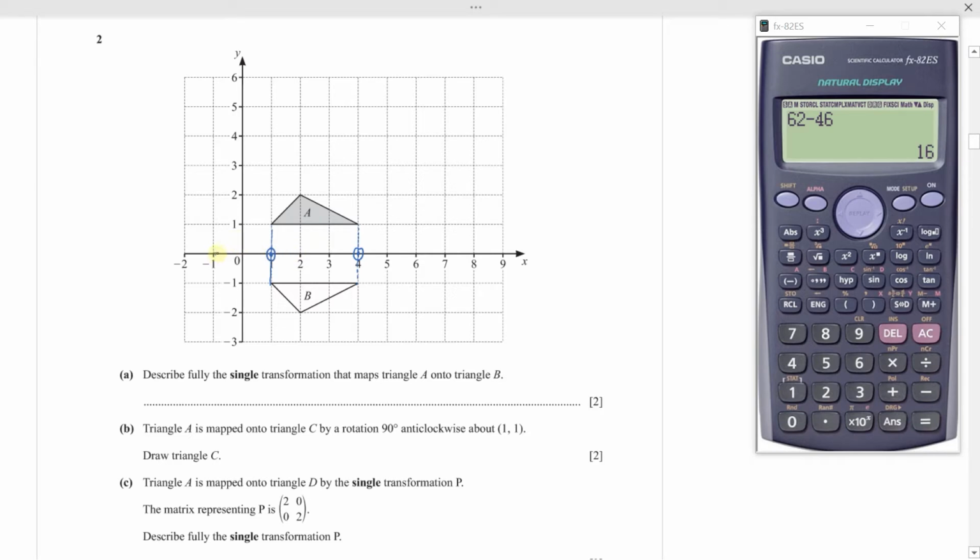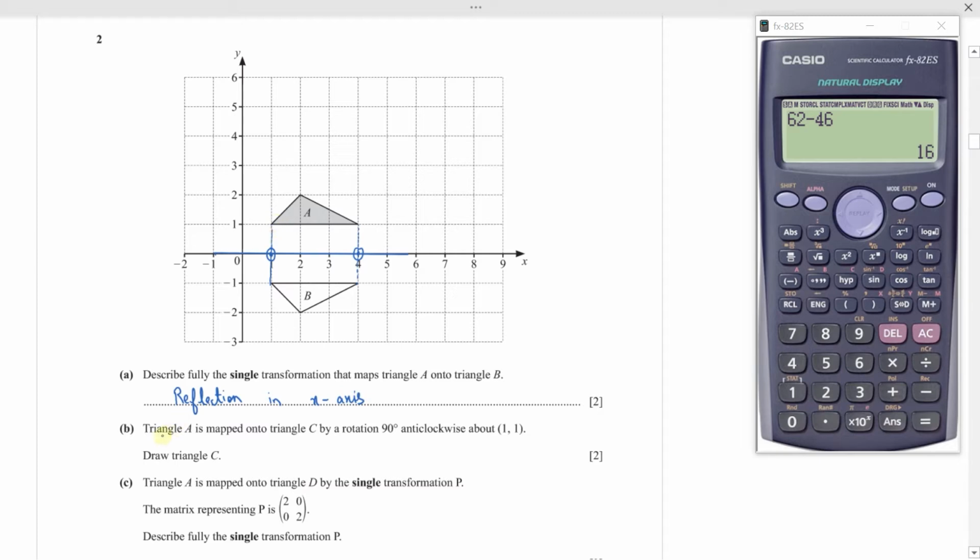So if I draw a line, it is this one, which is basically the x-axis. So the transformation that maps triangle A onto triangle B is a reflection in the x-axis. So that is how you will solve this part.